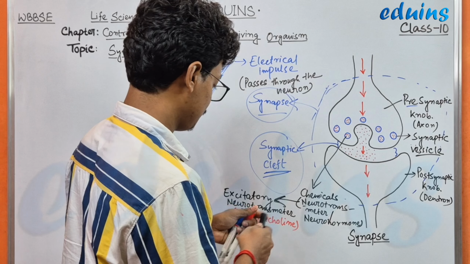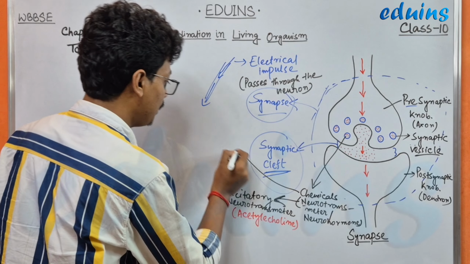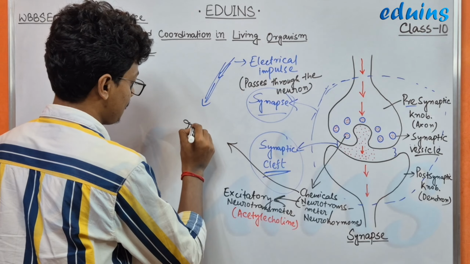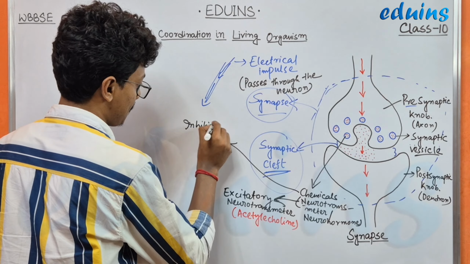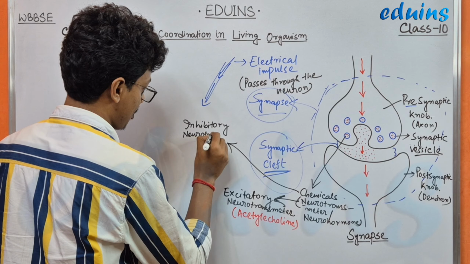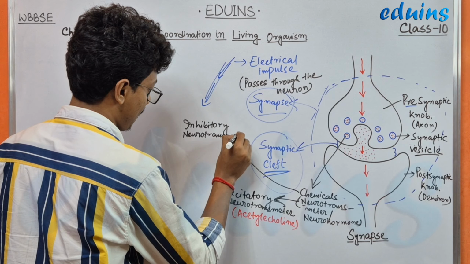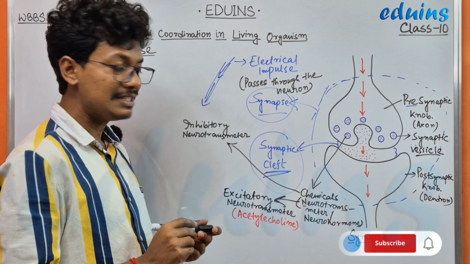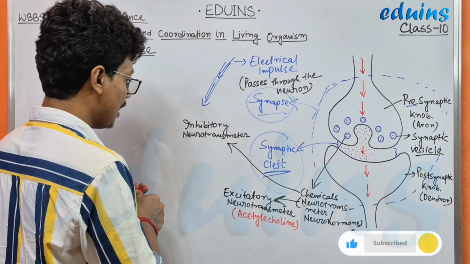Next, the inhibitory neurotransmitter. What is the example? The example is GABA.